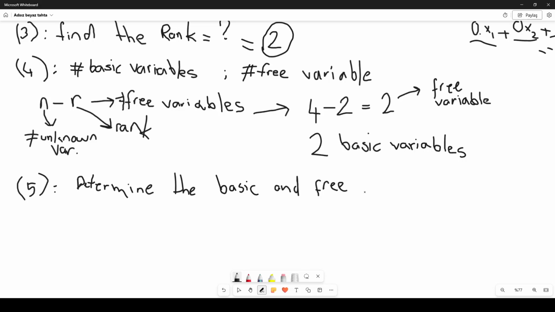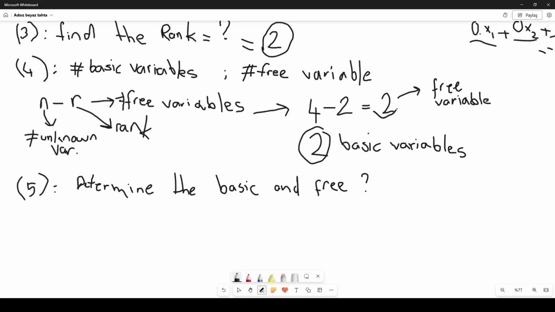We have 2 free variables and we have 2 basic variables. And how have we obtained these values? We just compute n minus r, where n is the number of unknown variables and r is the rank. We find the rank equal to 2, and we have 4 unknown variables, so 4 minus 2 is 2. We have 2 free variables. And since we have 4 unknown variables in total, subtracting 2 from 4, we have 2 basic variables as well.